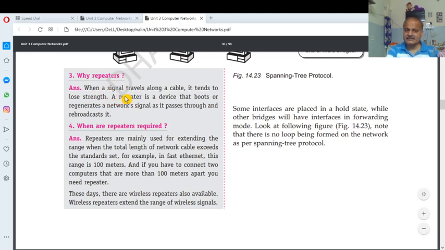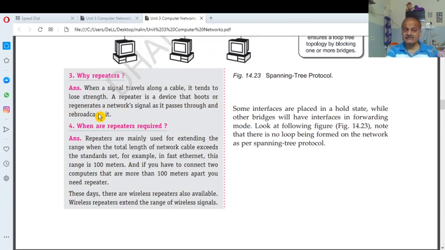When a signal travels along a cable, it tends to lose strength. A repeater is a device that boosts, regenerates, or in another word amplifies a network signal as it passes through and rebroadcasts it.